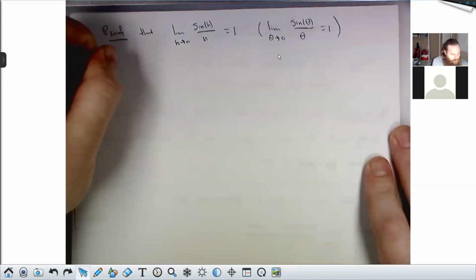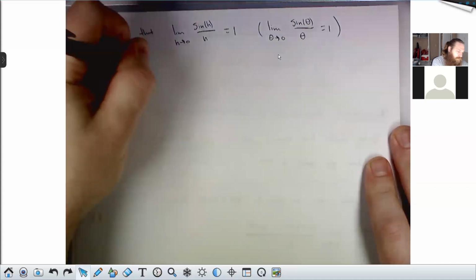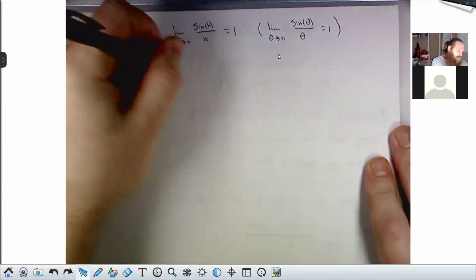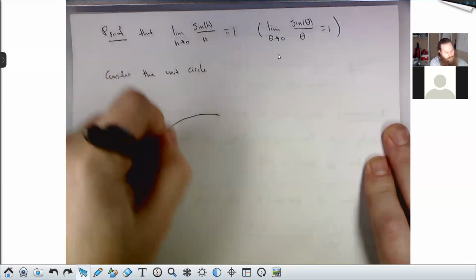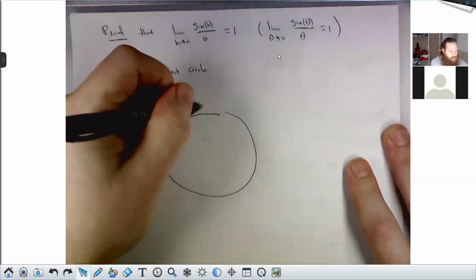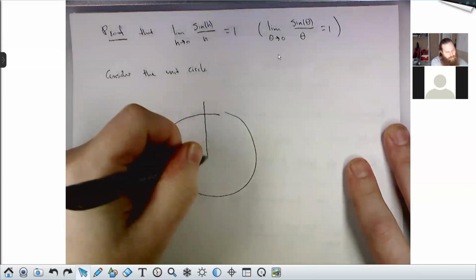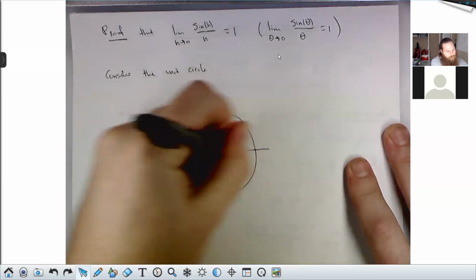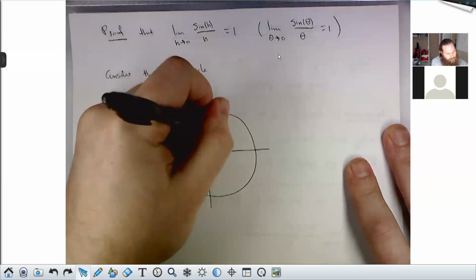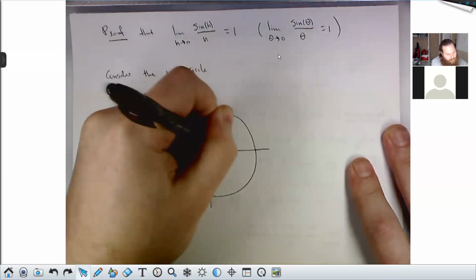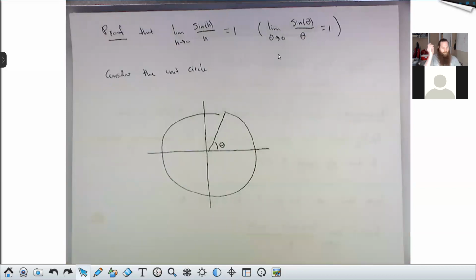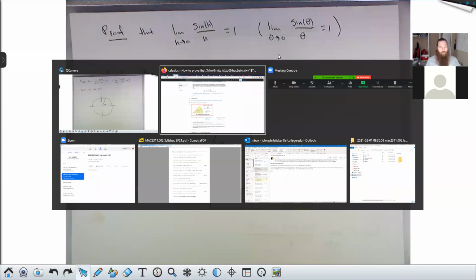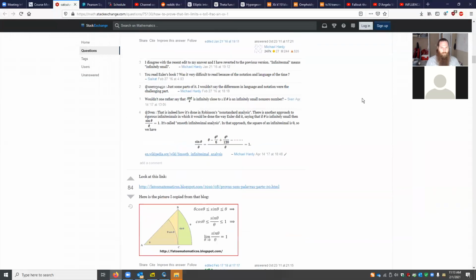Consider the unit circle. Pretend like that's a circle. All right. Consider the unit circle. Here's some angle theta. And what I'm going to do is look at a few different triangles.